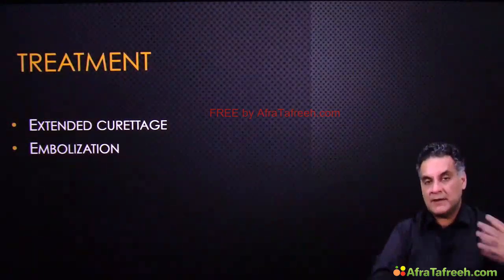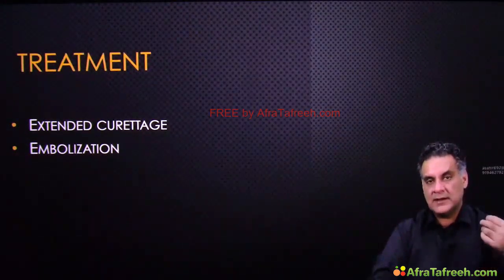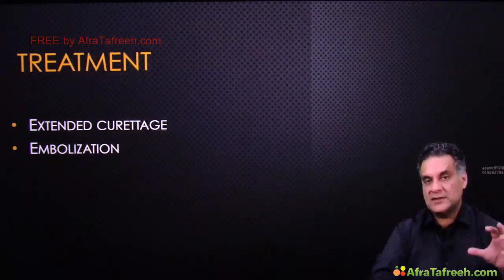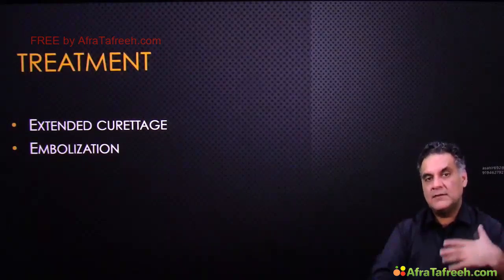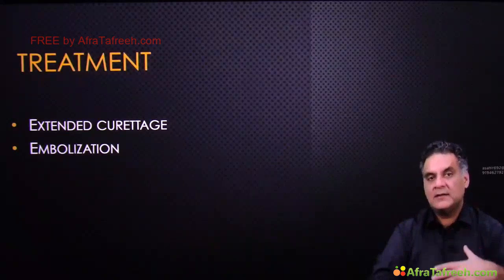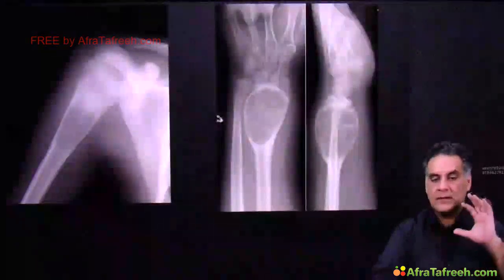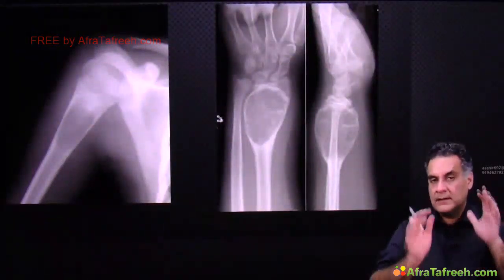Treatment, apart from extended curettage, you can embolize the vessel and shrink the size of the ABC, which can help you to operate with ease. This is how you should remember.